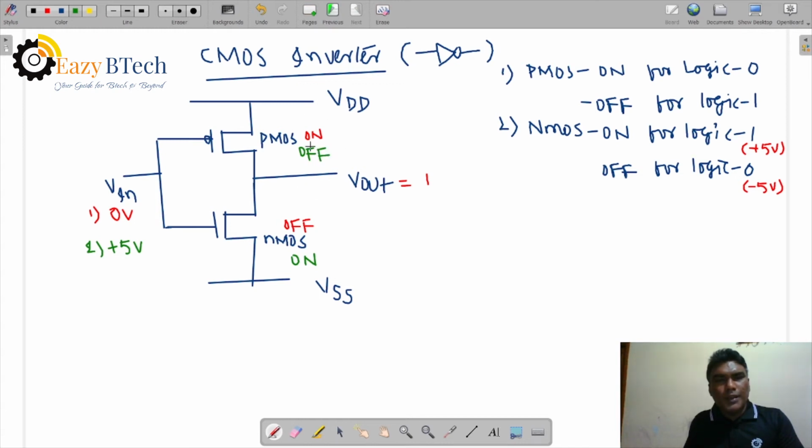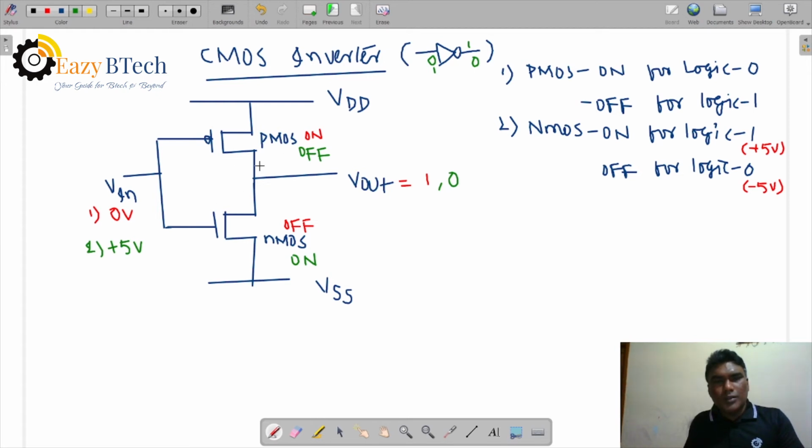So there is no VDD and no current through the PMOS. The drain to source is directly connected to the ground potential, so the output voltage is equal to 0, logic 0. So input logic 1 gives output logic 0, and input logic 0 gives output logic 1. It acts as an inverter.